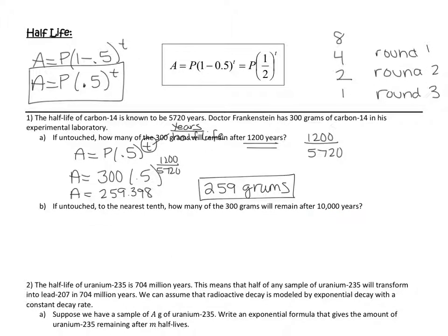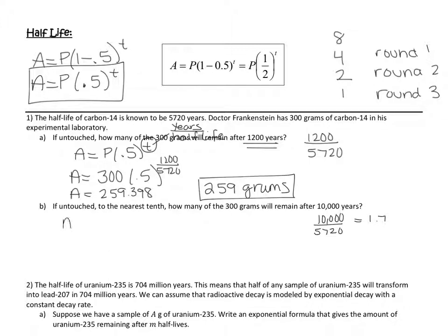Well, 10,000 years is definitely more than 1 half-life, because 1 half-life is 5,720 years. So if we divide them, we'll be able to figure out how many half-lives. So it's approximately 1.7. If you put it in your calculators, it's approximately 1.7 half-lives.